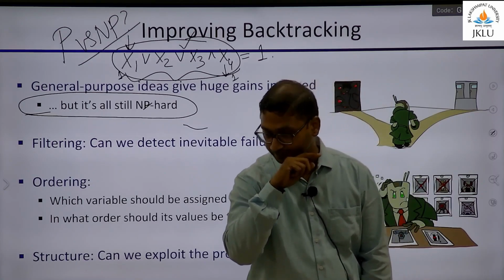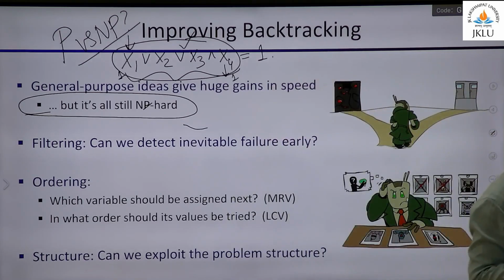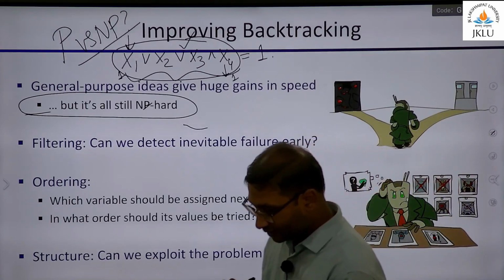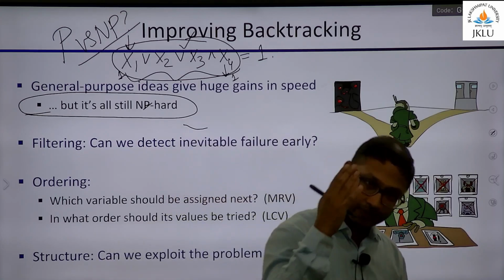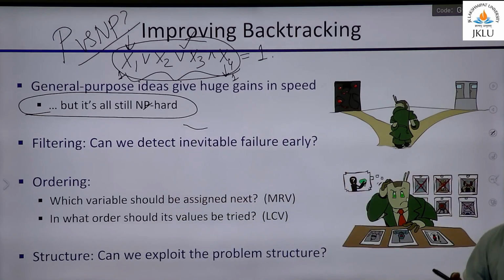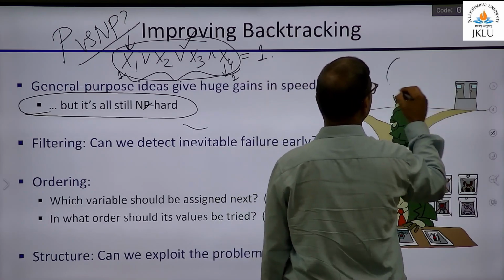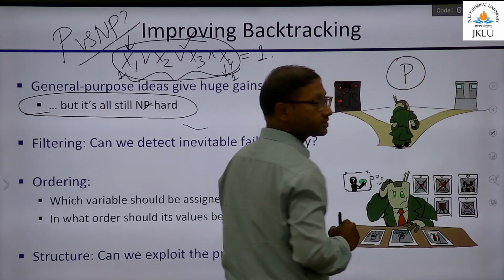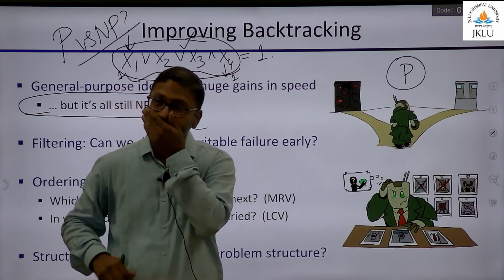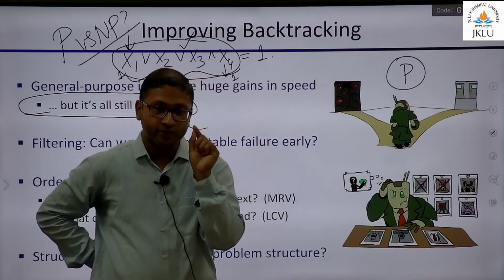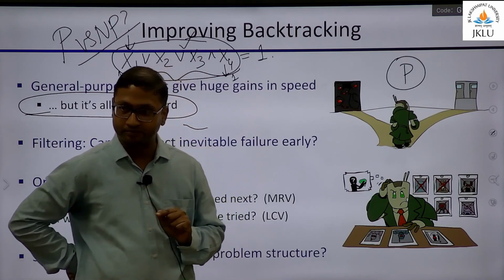This is awesome. So say that again. We cannot find a solution in polynomial time, but have a verifier which will verify in polynomial time. But what is that? Right. Nice. So see, if this is the set of all problems for which you can have a polynomial time algorithm, right?